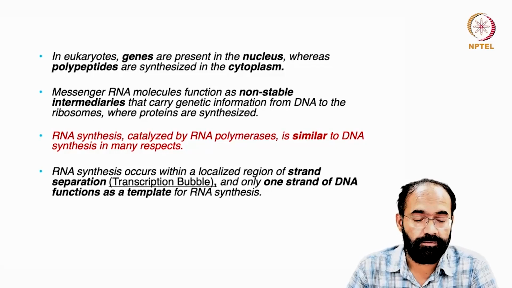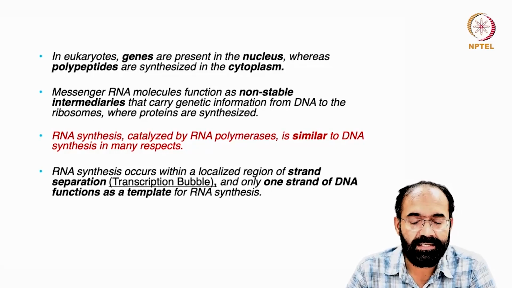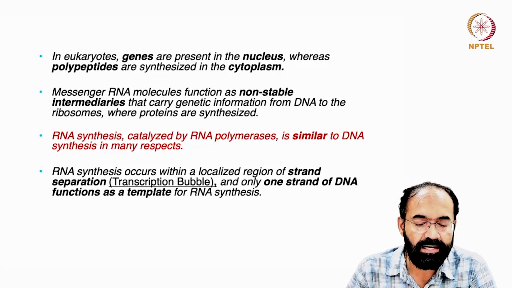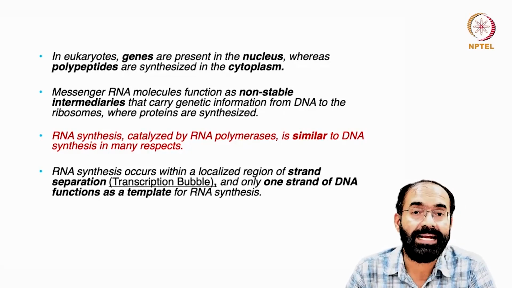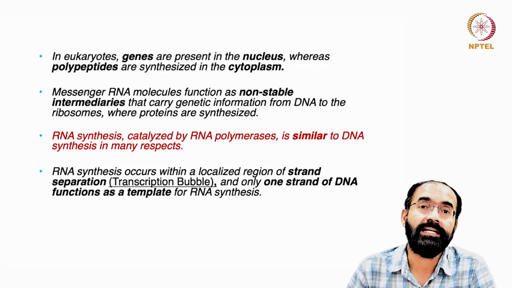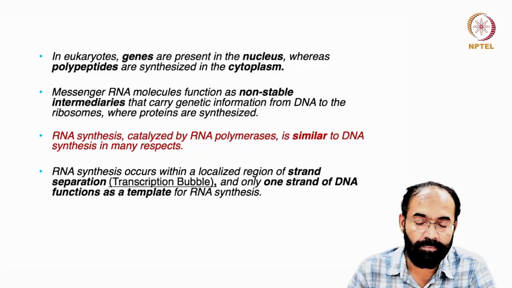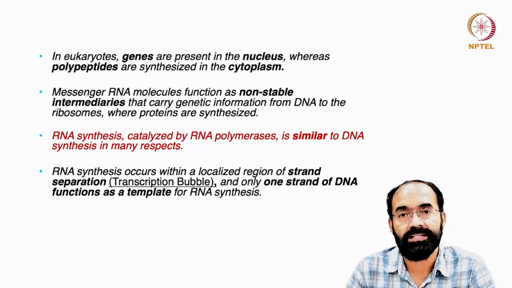In eukaryotes, the genes are present in the nucleus, whereas the polypeptides are synthesized in the cytoplasm, and the messenger RNA molecules function as non-stable intermediaries that carry the genetic information from DNA to the ribosome where the proteins are synthesized.